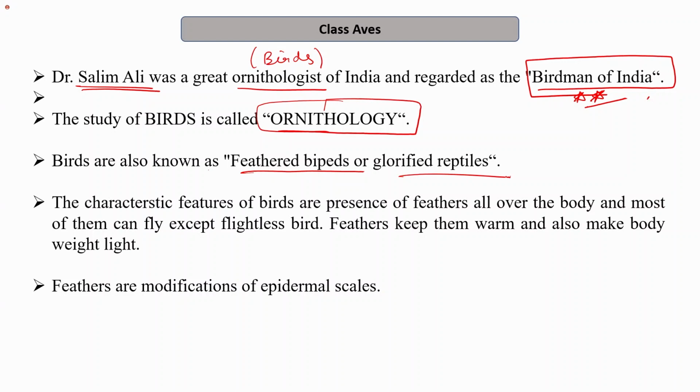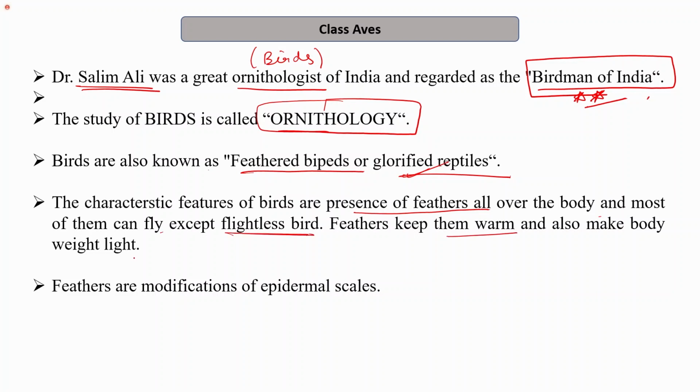They have certain characteristics which are well adapted for flight, and there are certain characteristics that resemble the reptiles. So the characteristic feature of the birds is the presence of feathers all over the body, and most of them can fly except some flightless birds.